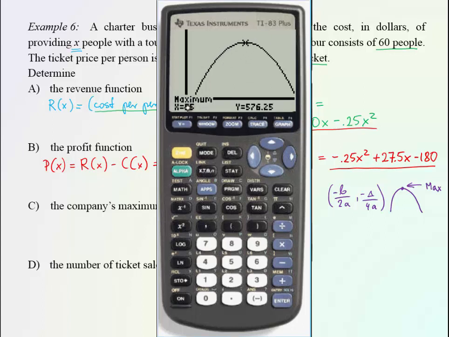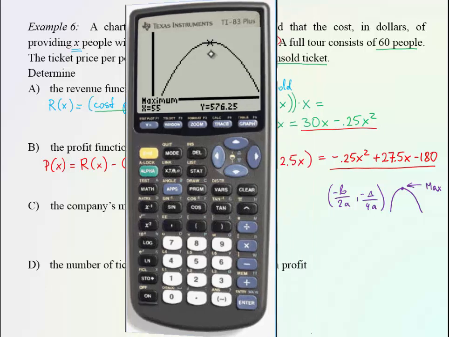So we see the maximum point has coordinates 55 and 576.25. The 55 really represents the x coordinate, which is the number of people that produce the maximum profit, and 576.25 cents is the maximum profit.